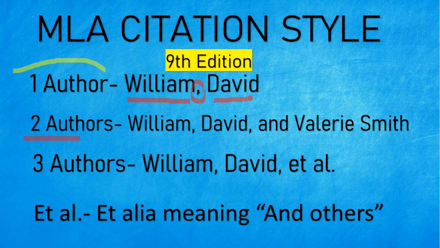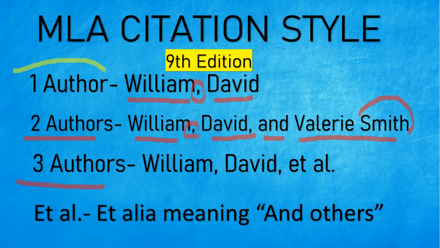The first author is written as in the single author format: the surname comes first, then a comma, then the first name. Then you have to use "and", and the second author's name remains as usual: the first name comes first and the surname comes as it usually does.